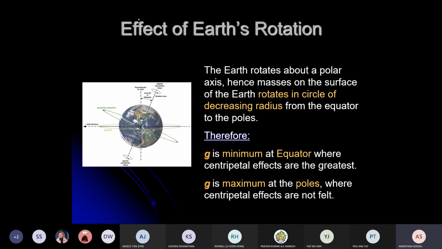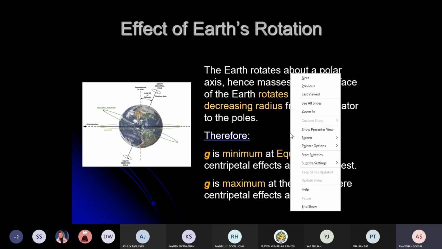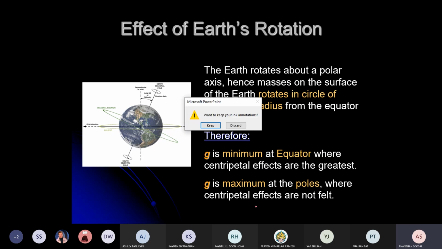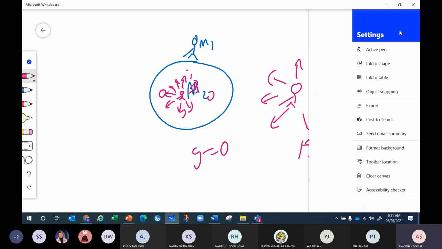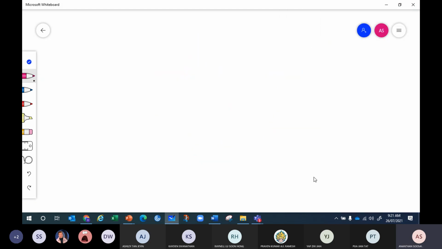So you really need to know in depth how rotation affects gravity. Before we read this PowerPoint, I will go to the whiteboard first to explain the rotational effect.